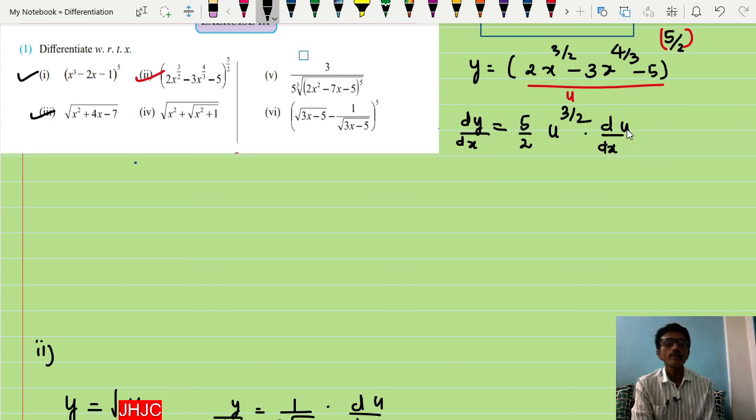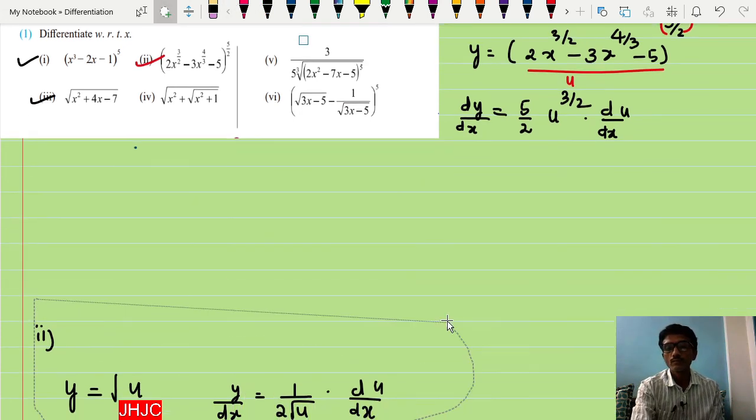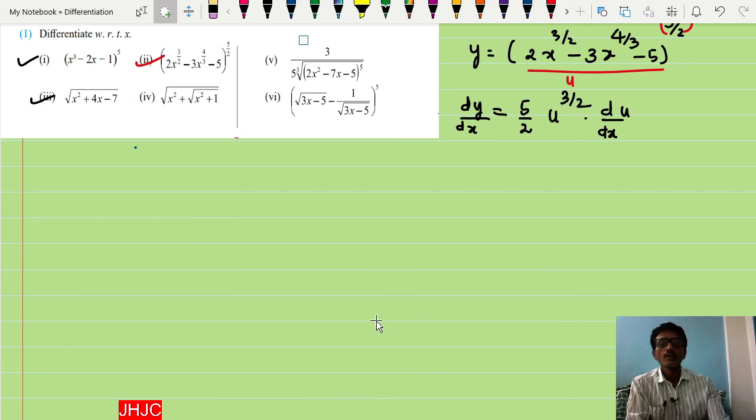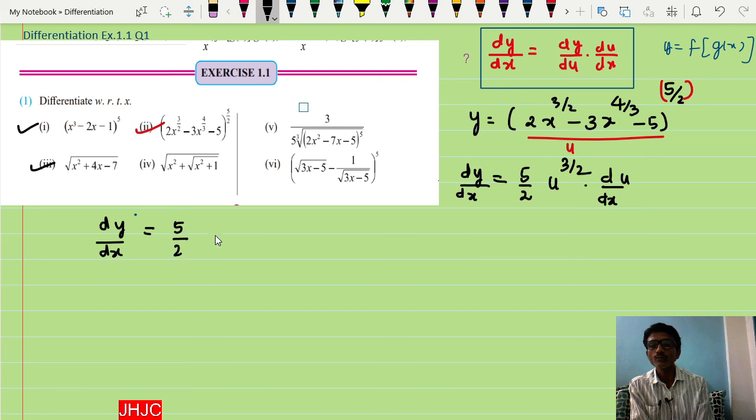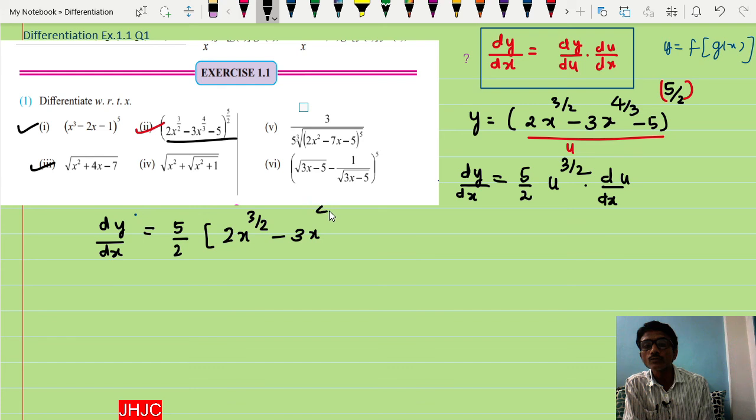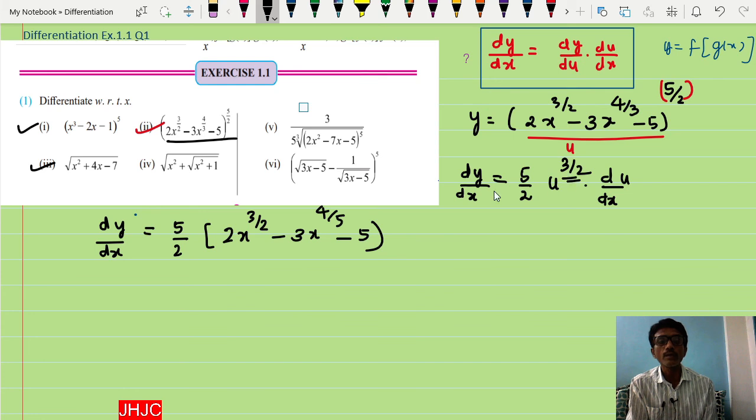Then we will differentiate it. dy by dx is equal to 5 by 2 u raised to power 3 by 2, where u is 2x raised to power 3 by 2 minus 3x raised to power 4 by 3 minus 5.